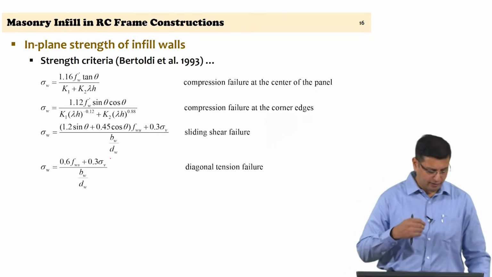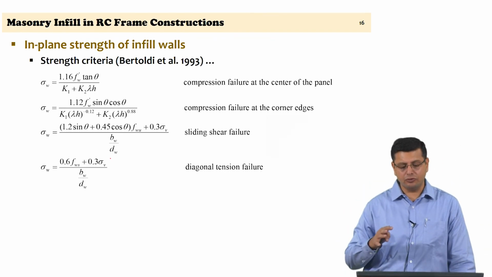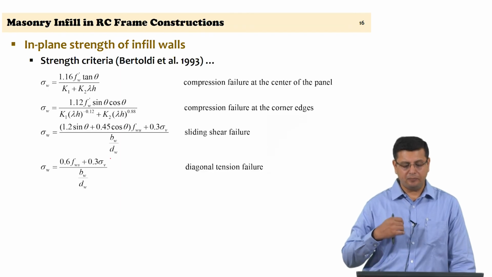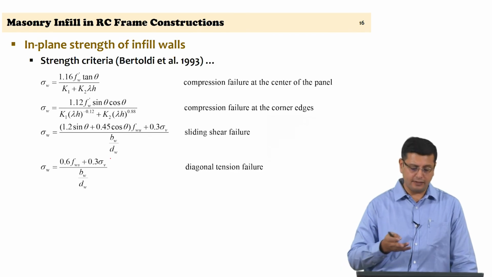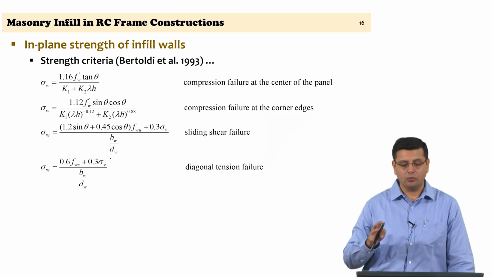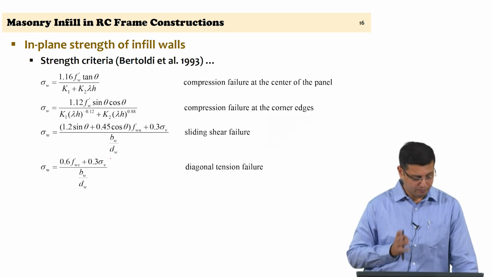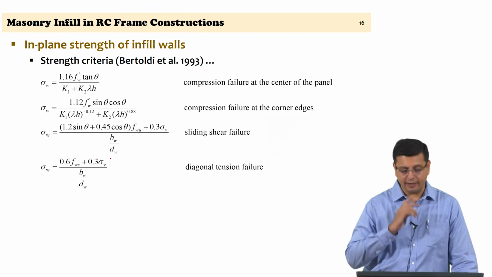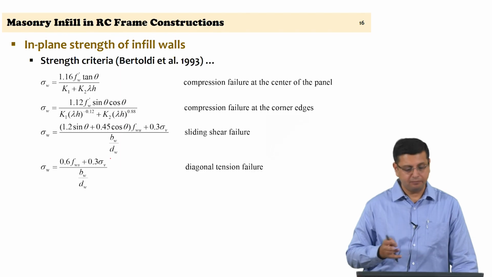I have not gone into details of formulations, but it is intended to give you an idea of what considering or not considering the interaction can lead to, and possible ways of looking at strength and stiffness modeling of the panels when you are designing moment resisting frames for seismic resistance. I will stop here and take questions if there are any.